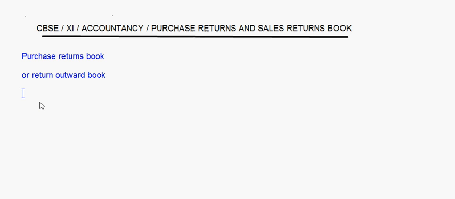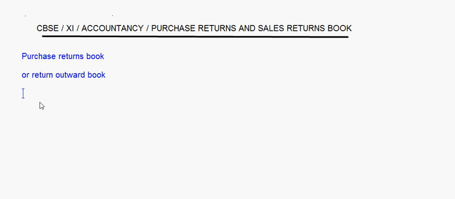And again, these goods should have been purchased on credit, right? So those goods which had been purchased on credit and the buyer has noticed some fault in the items, either they are defective or they are not as per the order specifications, right, or some other reasons, right?